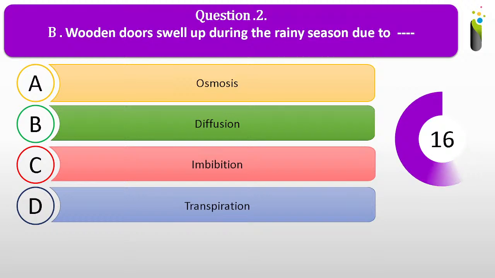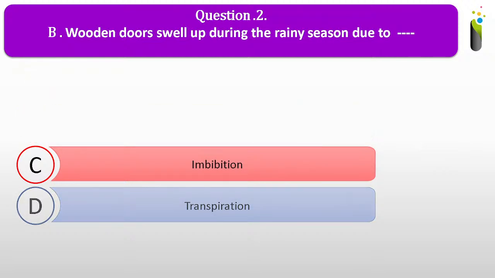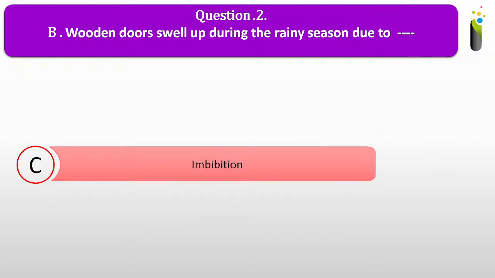So why do the wooden doors swell up during the rainy season? It's a very common question and quite an easy question, I shall say. So the answer to this question is C. Imbibition. So this process in which the plant cells basically absorb water is imbibition.